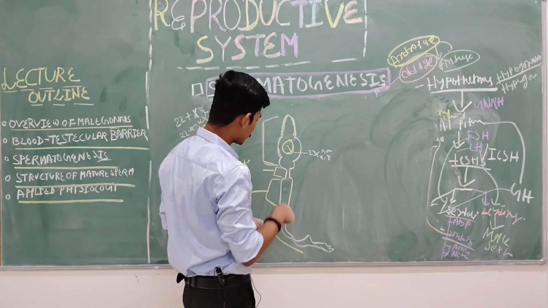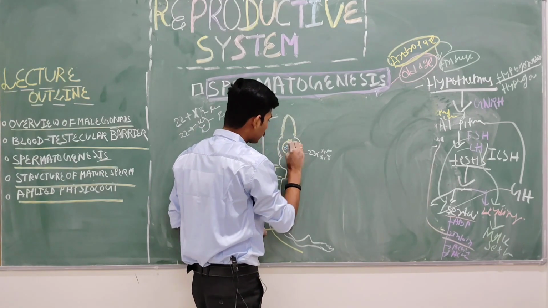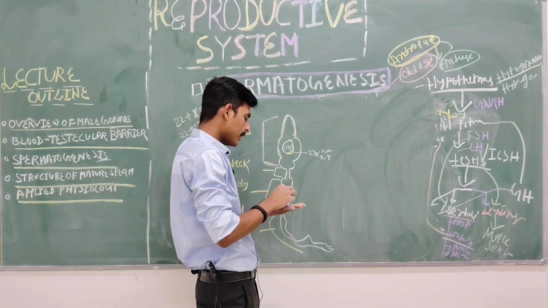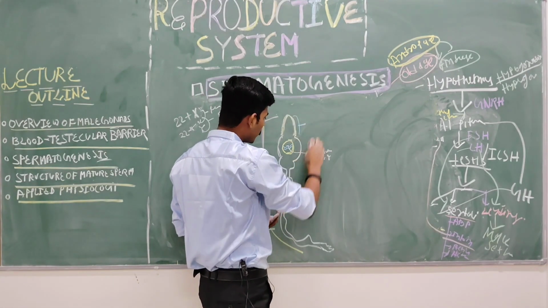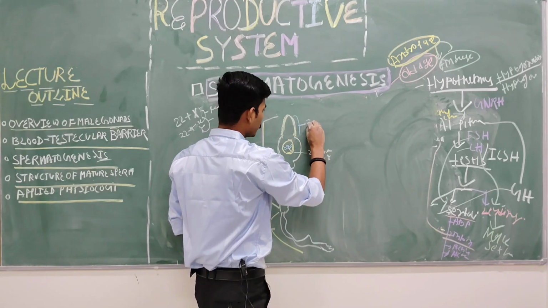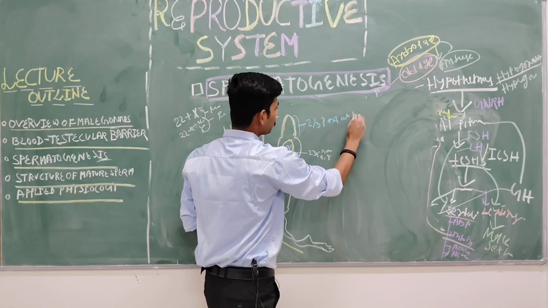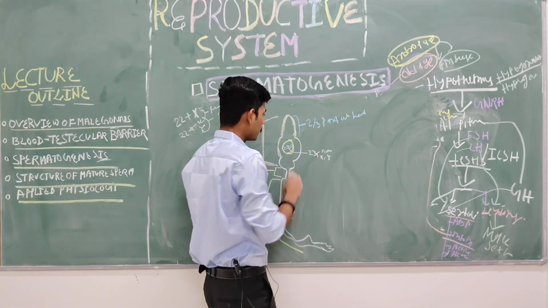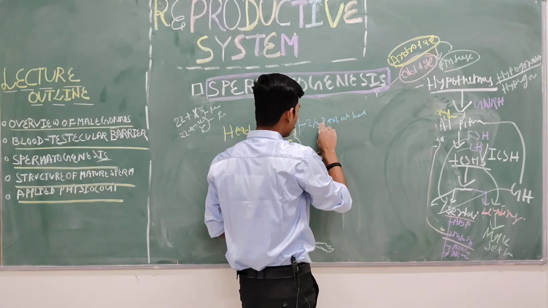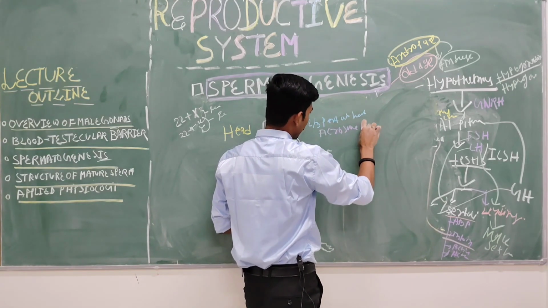We are discussing the structure of the sperm. We've seen that there is a nucleus. This is referred to as the acrosomal cap. Two thirds of the head is covered by the acrosome cap.